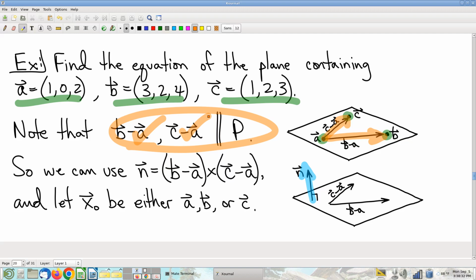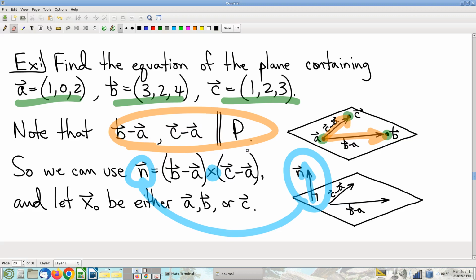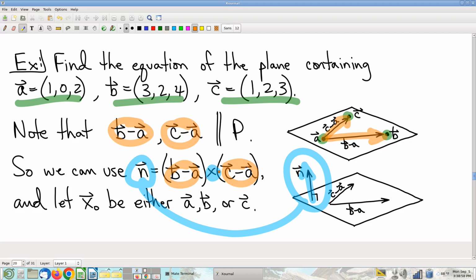And that's a little phrase that when you hear yourself saying, I want to find something perpendicular to 2 given vectors, we flash back and remember that's what cross products do, right? And so this normal vector here, I'm going to compute as a cross product, specifically a cross product of these 2 difference vectors parallel to the plane.